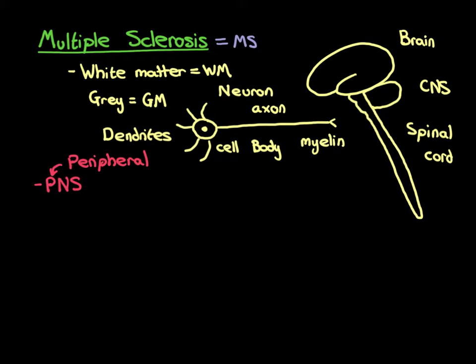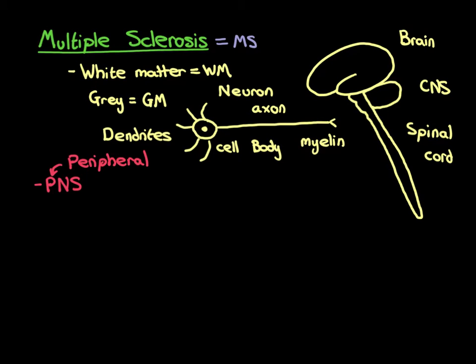Only white matter in the brain and the spinal cord get attacked in multiple sclerosis. And we will justify why later on. It has to do with the fact that the myelin is produced by a different type of cell in the central nervous system compared to the peripheral nervous system. But we'll discuss that in much more detail later on when we come on to pathophysiology.